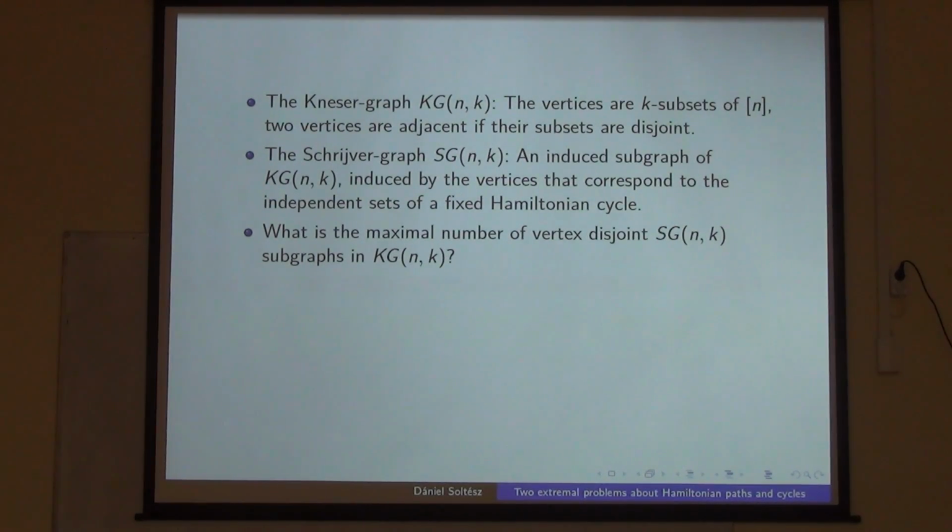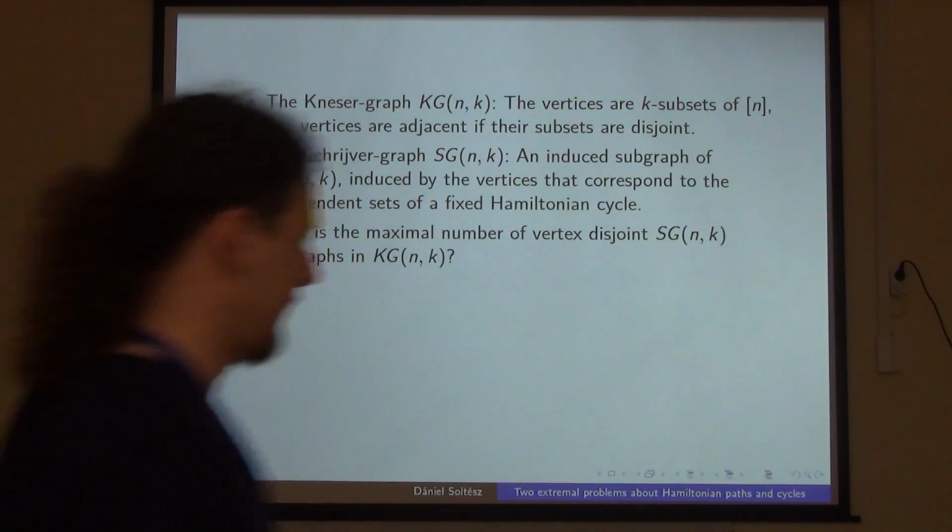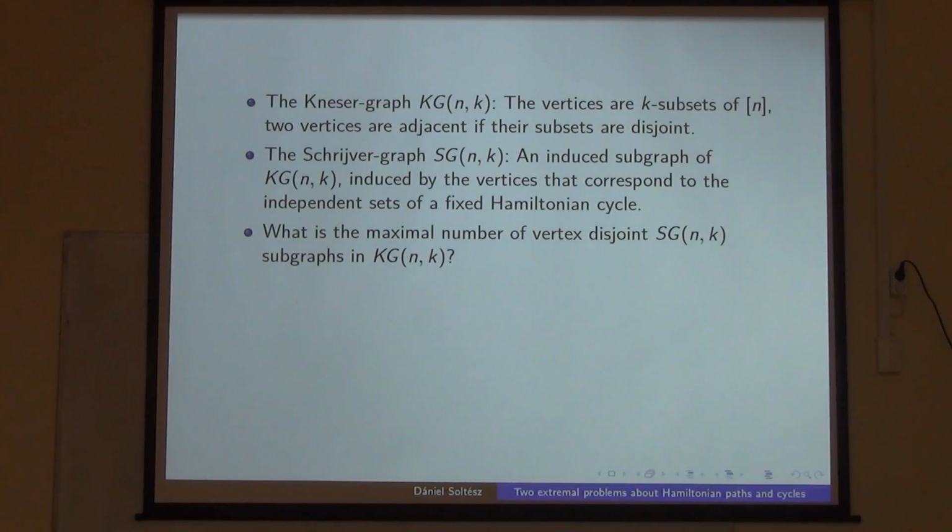A Hamiltonian cycle has nothing to do with the Kneser graph. Just an n-cycle. So 1, 2, 3, and so on.